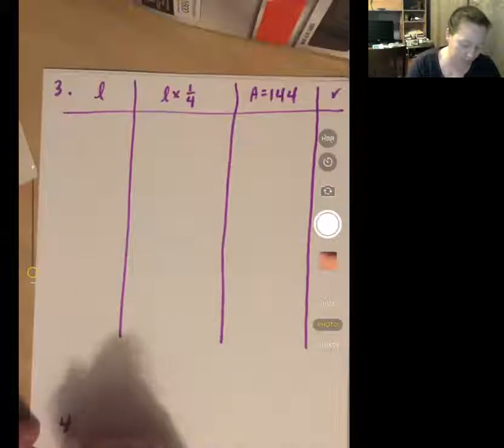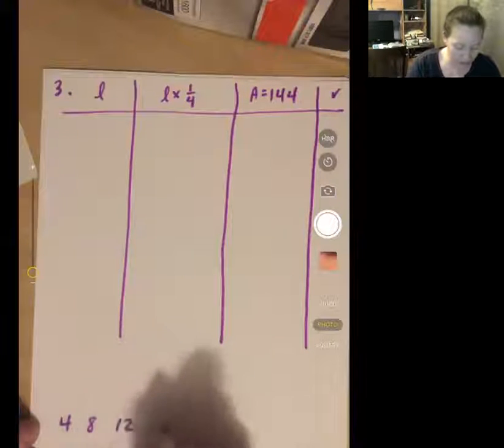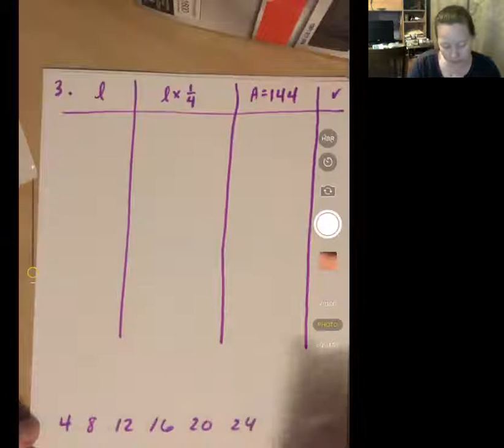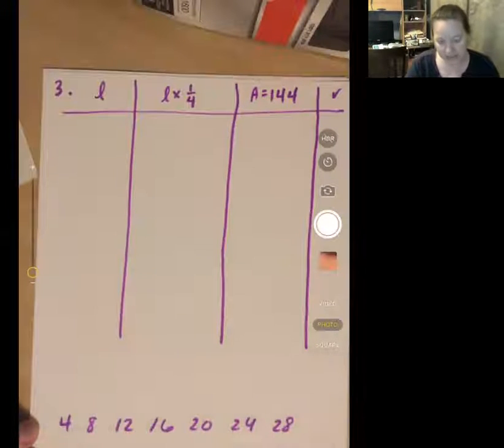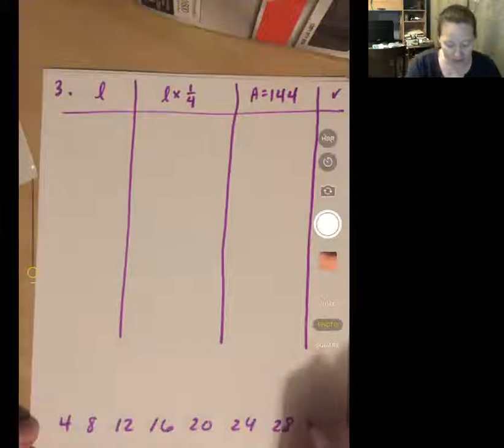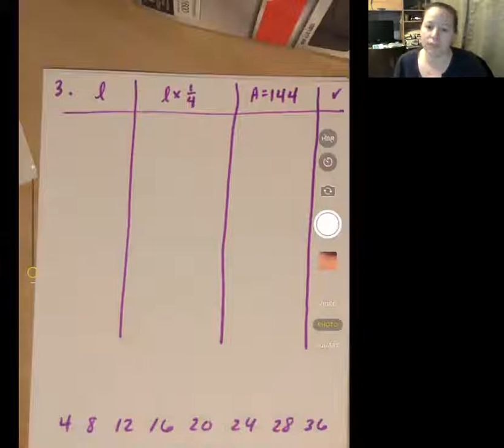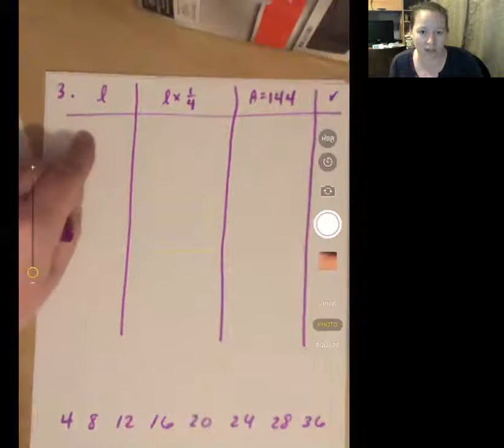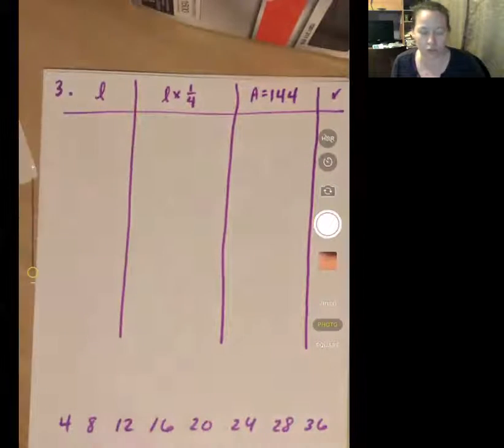We have 4, we have 8, 12, 16, 20, 24, 28, and 36, really. That's what we have. I don't think it will end up being a 4 or an 8 because our width is even smaller than our length, and we're only using 1/4 for the width.